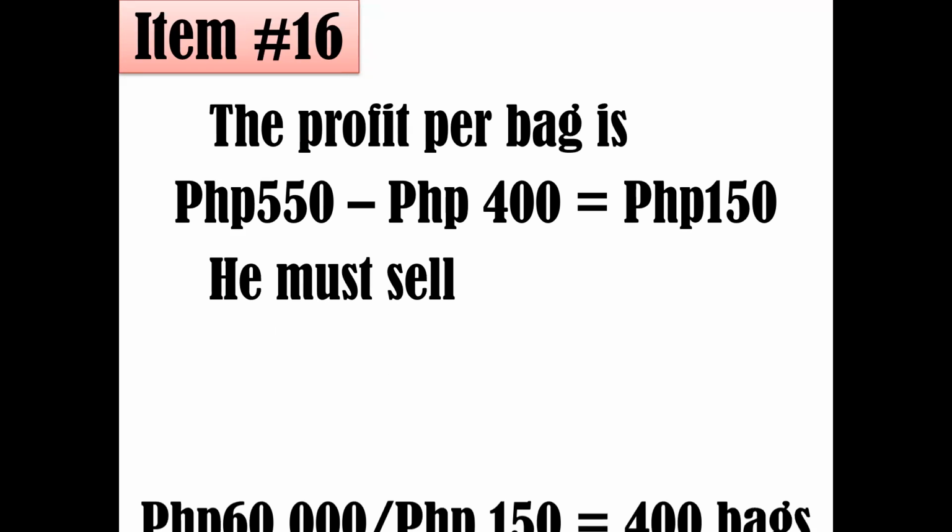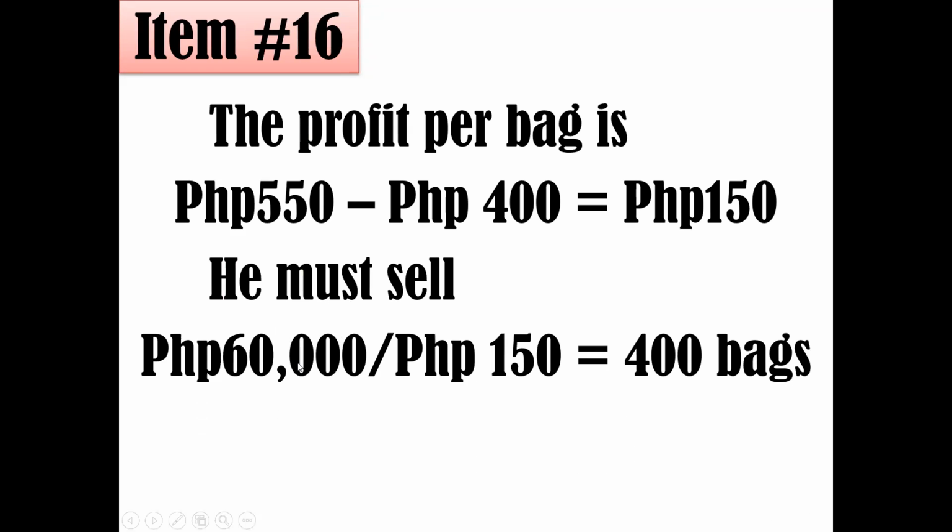Pero dahil gusto niyang makabenta, makaprofit ng 60,000 pesos, so dapat divide niya, at bawat bag, 150 yung kita niya, so 60,000 divided by 150 gives 400. Ibig sabihin po nito, kailangan niyang makabenta ng 400 bags para yung kanyang profit, all in all, will be 60,000 pesos. Letter A. So far, so good.